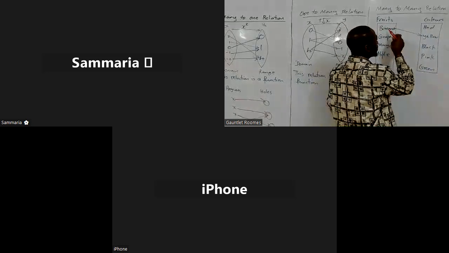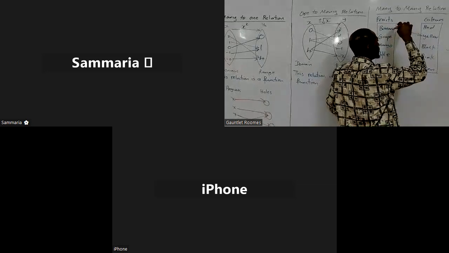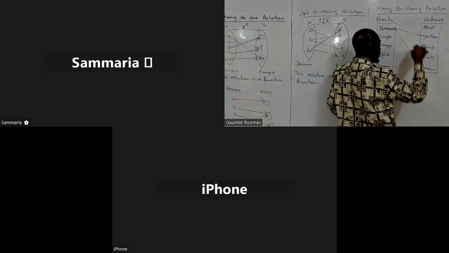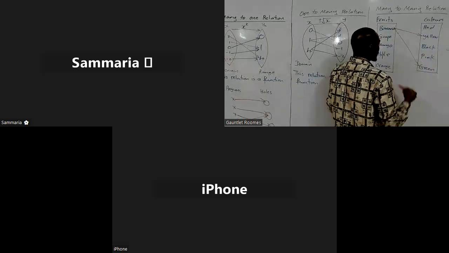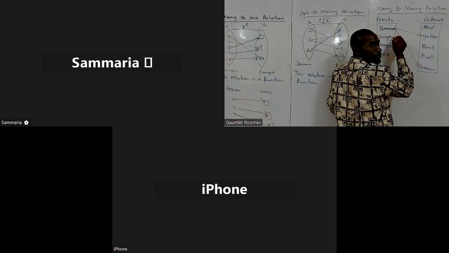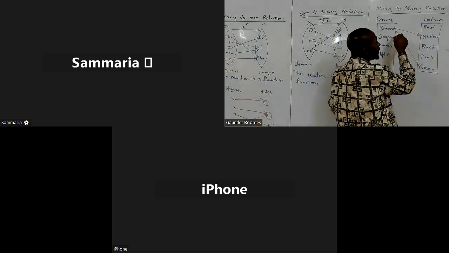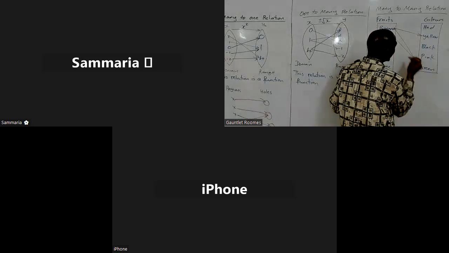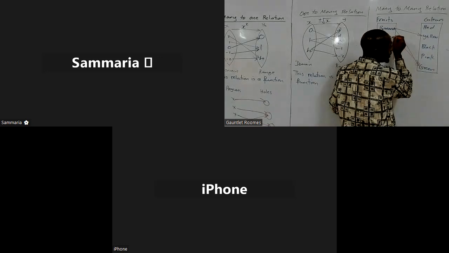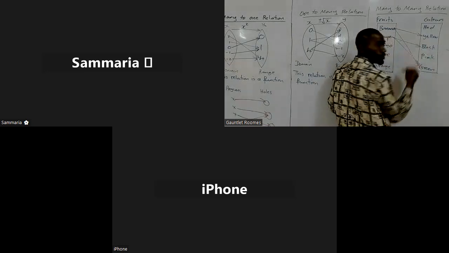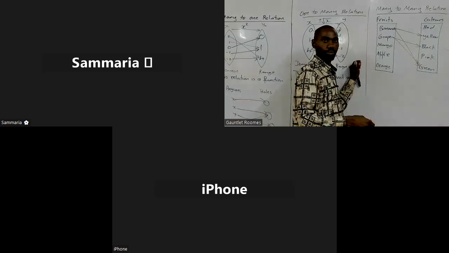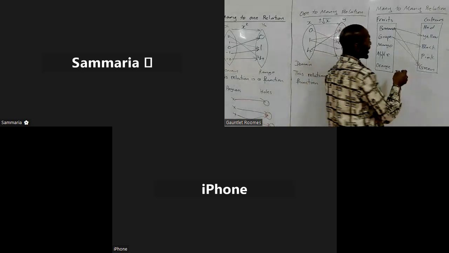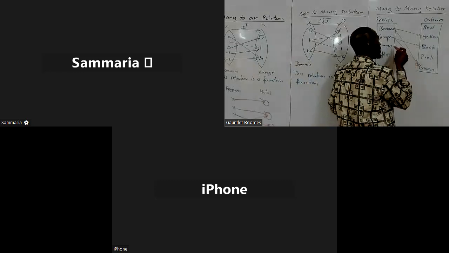So we can map onto yellow and we can map onto green, right? Green can be green and some black natural. Some black.